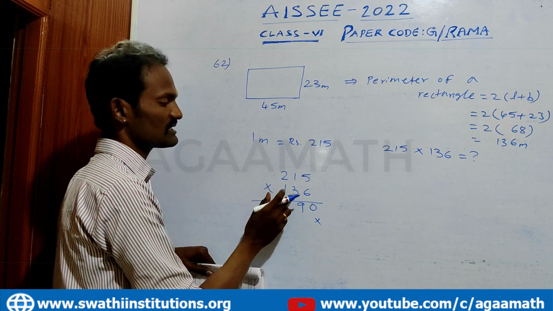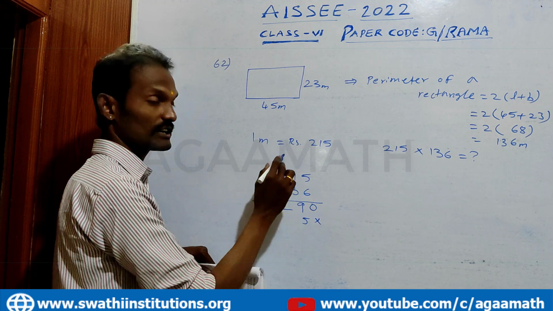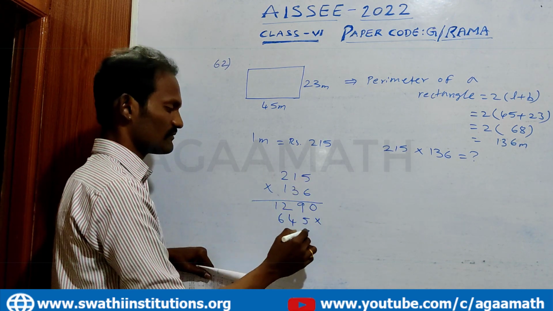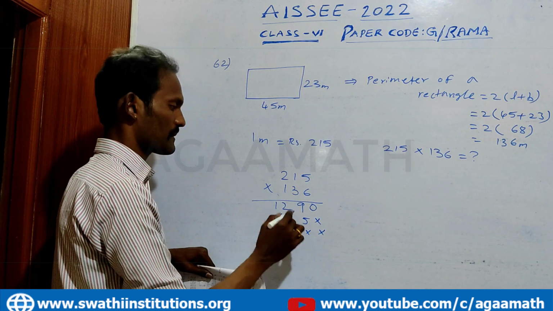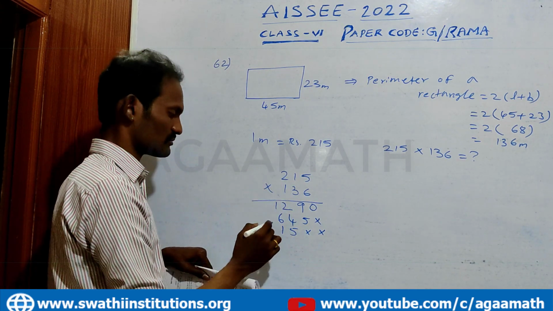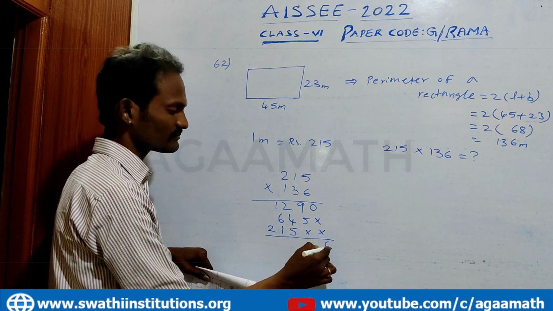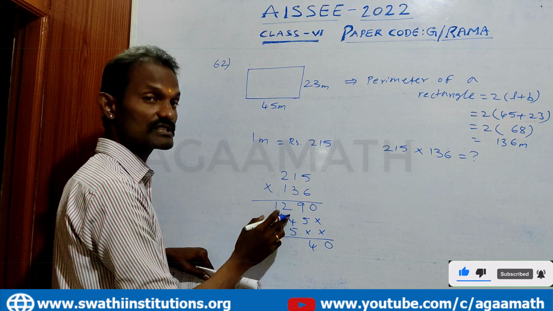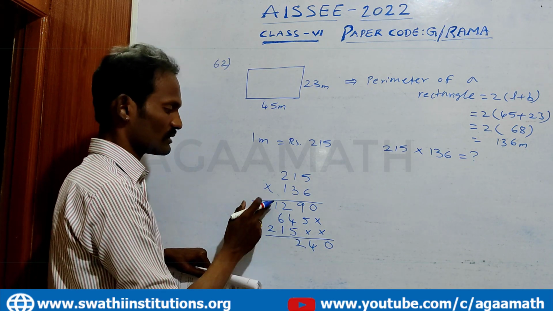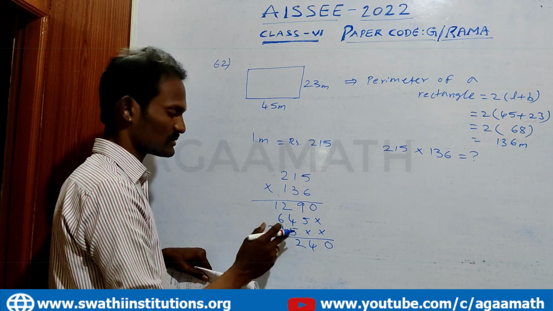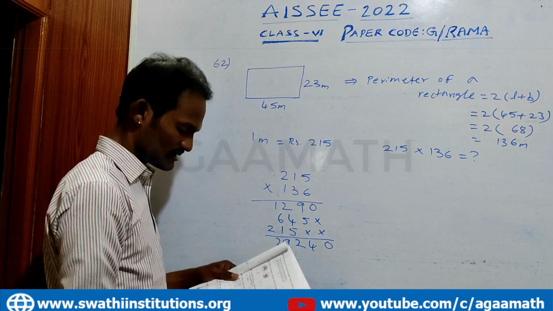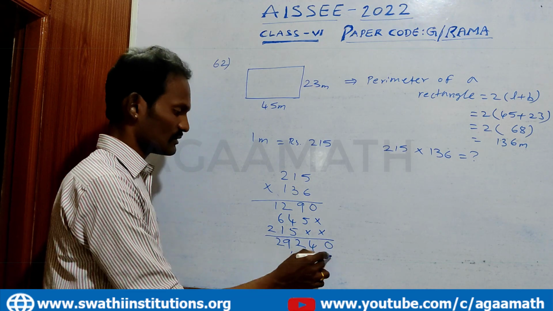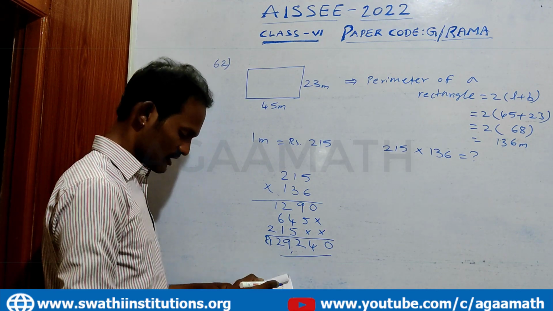Let's take the tens digit now: 3 times 5 is 15, 1 remains, 3 times 1 is 3 plus 1 is 4, 3 times 2 is 6. Now 1 times 5 is 5, 1 times 1 is 1, 1 times 2 is 2. Adding up, we get 29,240 rupees, which is option 1.